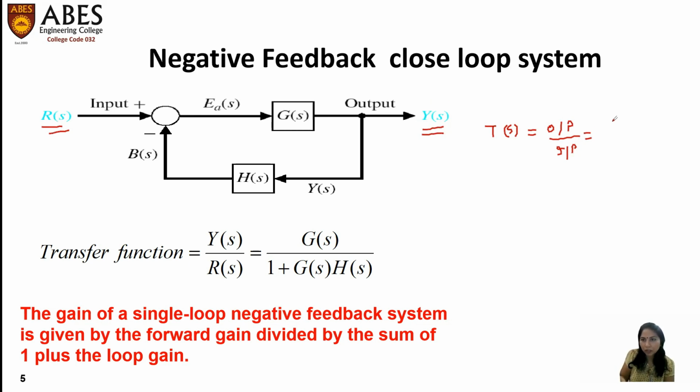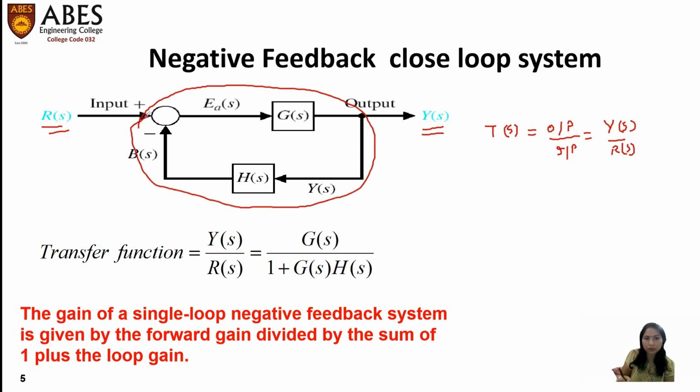So we will write Y(s) upon R(s). This is the transfer function. Now we want to solve this loop to get the overall gain of this system.